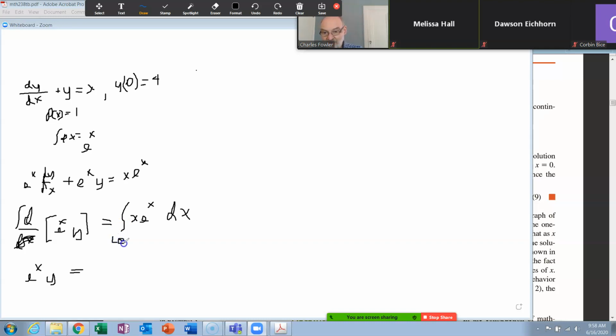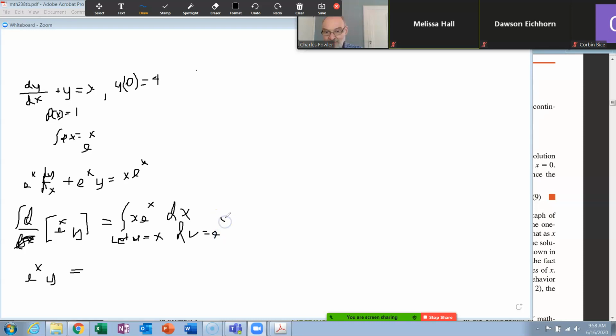this is the hard part, writing the words: let u, almost always a u, equal x. The part when you differentiate it gets easier to do. And dv is equal to the rest of it, and that's e to the x dx.